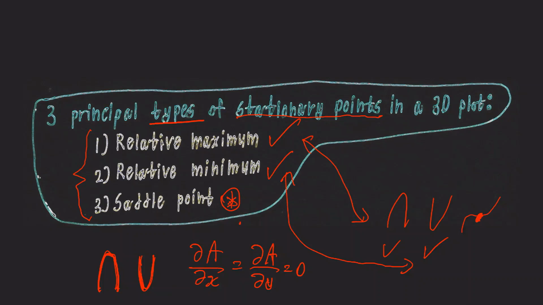There are different types of saddle points, but that's the general case. That's why it looks like a saddle on a horse: from one direction it's a maximum, but at a 90-degree angle it's a minimum.